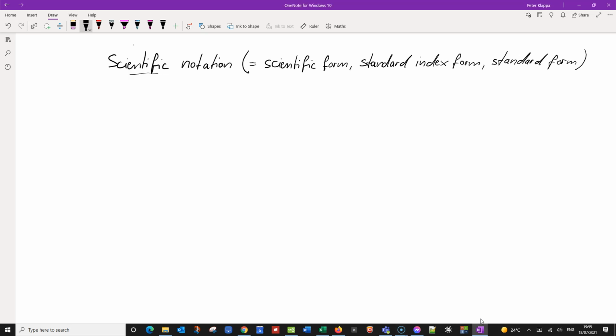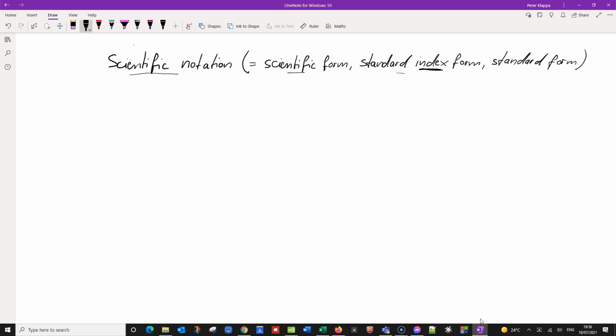You can also find other names for that, for example, the scientific form or the standard index form. This has the word index in it, which shows that we are using indices in this case.